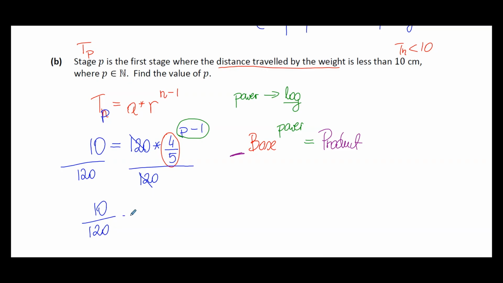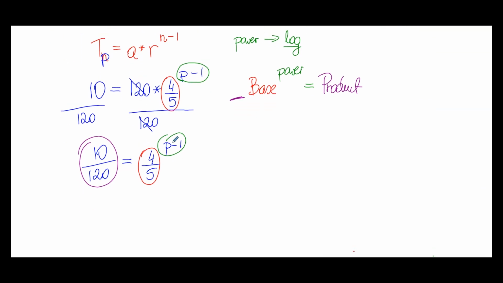Therefore, 10 divided by 120 will be my product. So now this is my product, 4/5 is my base, and P minus 1 is my power. So when we are looking for power, we say log, I'm looking for power. What base? 4/5. What product? 10/120. And that equals what? My power, which is P minus 1.